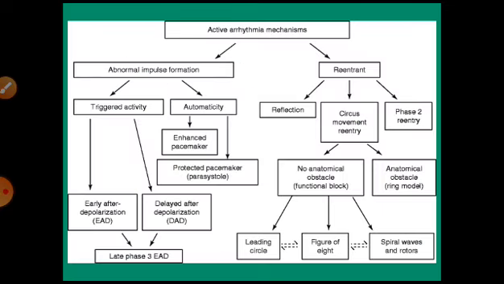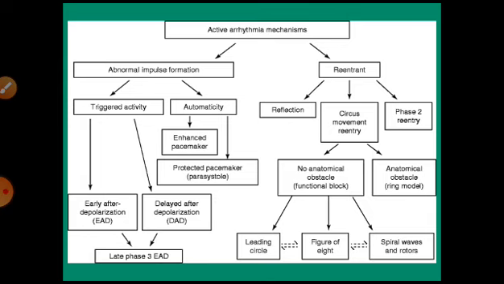Here one flow chart is there. This is showing some active arrhythmic mechanisms. I'll just give you a little bit about it. If you see, the active arrhythmic mechanisms have been categorized in two categories. One is abnormal impulse formation.